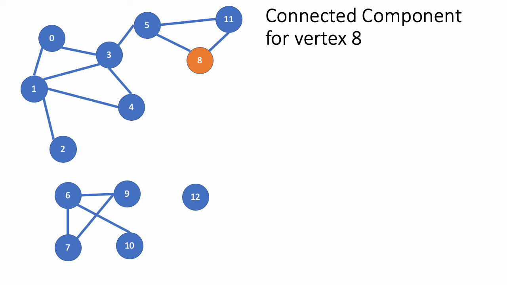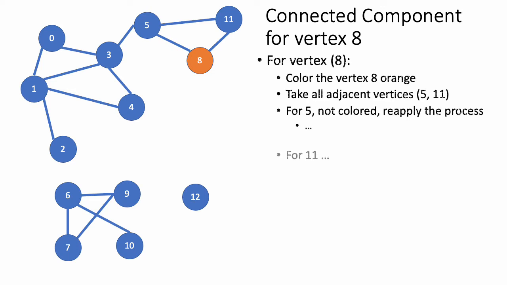And to simplify, I will just write the process shorter. So color vertex 8 orange, take all adjacent vertices which are 5 and 11. For 5 is not colored, so I reapply the process. So let's see now how this will look for 5.